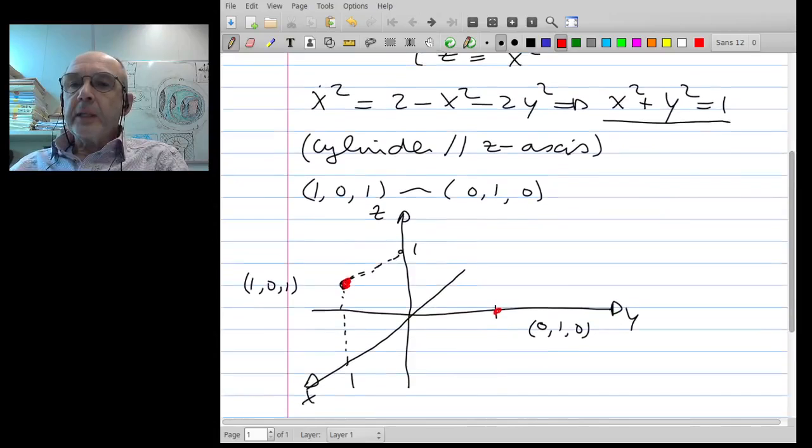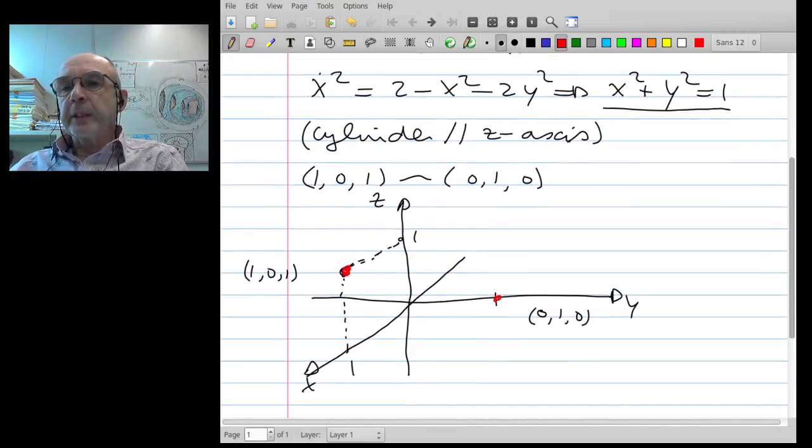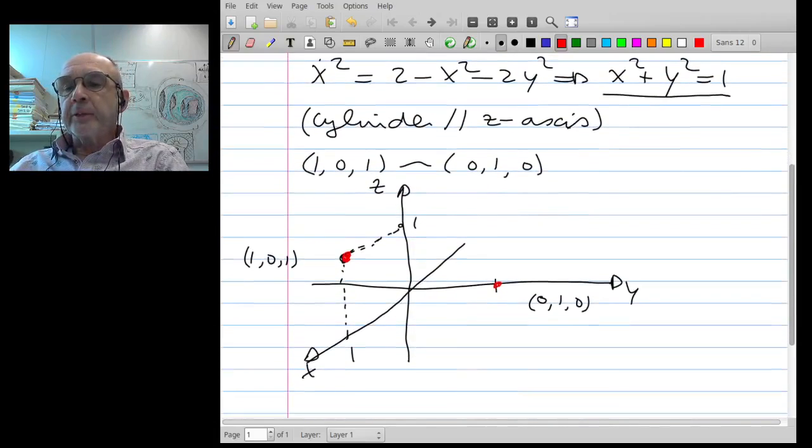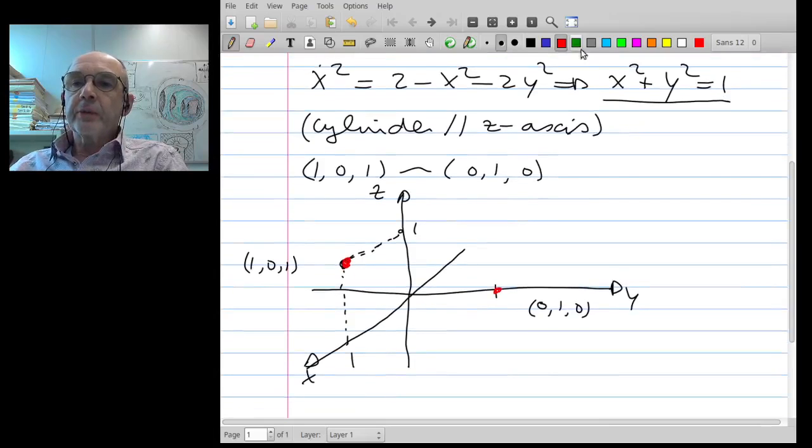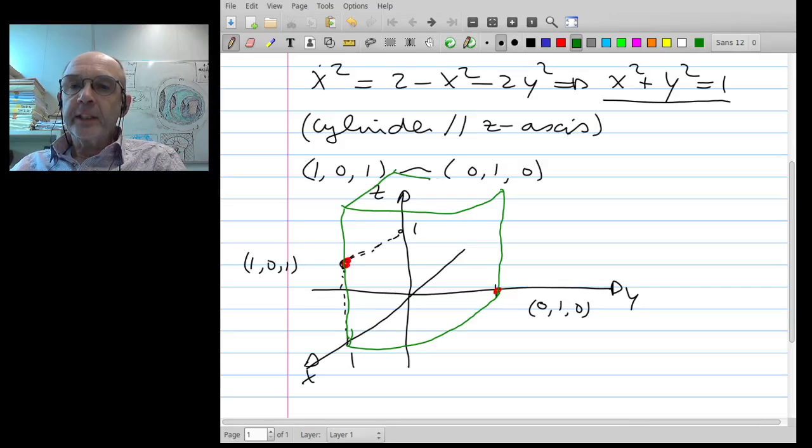If we have the intersection of a cylinder parallel to the z-axis with that parabolic cylinder, so we have in the xy plane a circle with radius 1, and you have a cylinder, so you can go up with that circle. And then you have that parabolic cylinder that is in the zx plane.